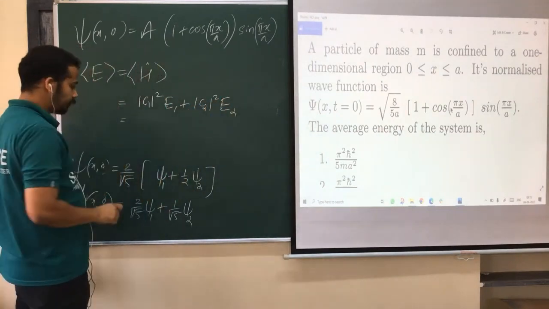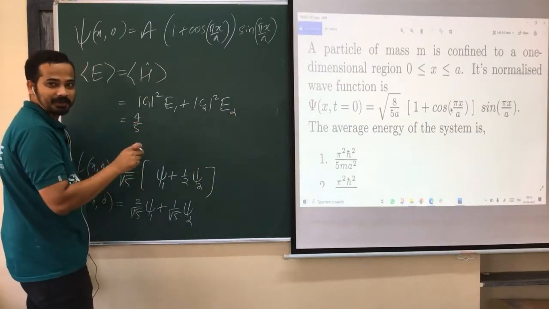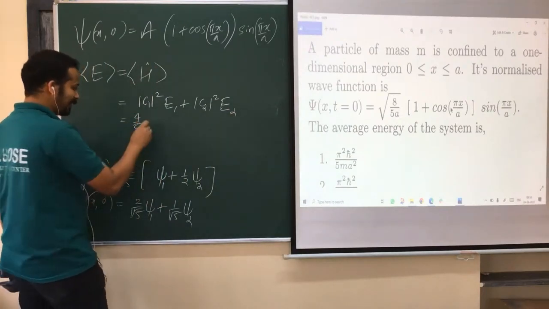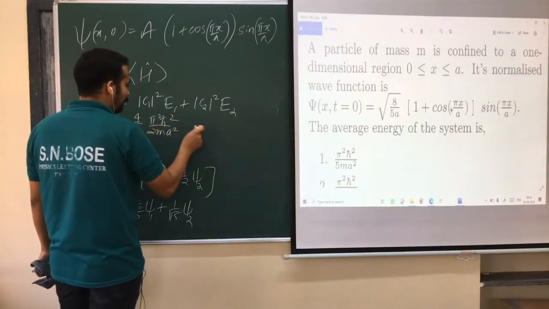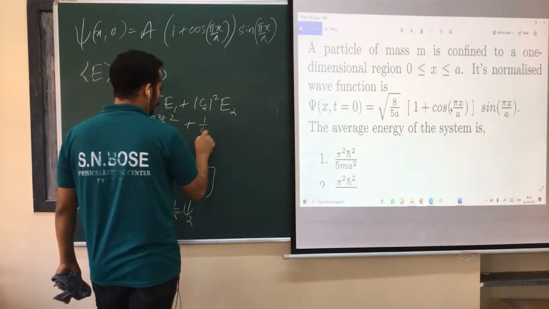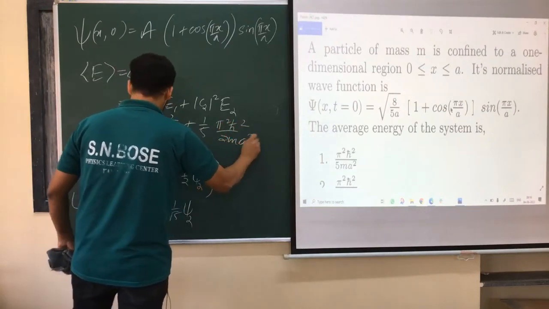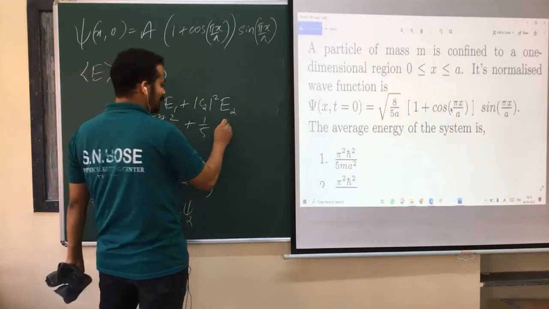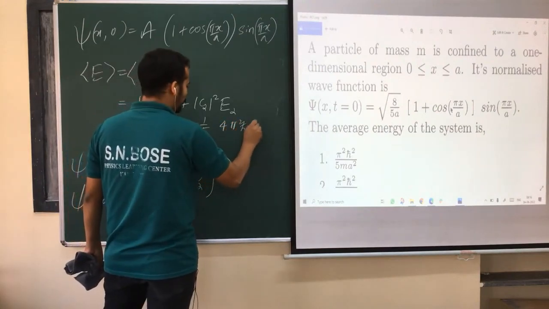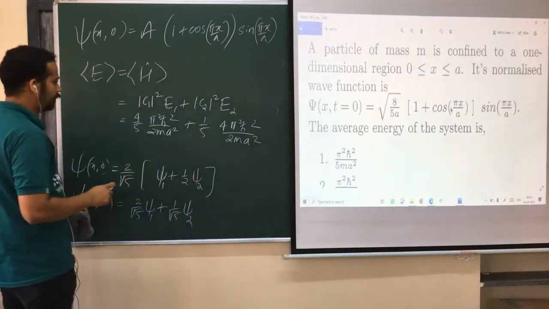What is this mod C1 square? 4 by 5. You lost one mass. 5 square h bar square by 2m square. Plus 1 by 5, 5 square h bar square by 2m square. E2 is, I lost mass, 4 into 5 square h bar square by 2m square. This is twice of that one. Am I right?